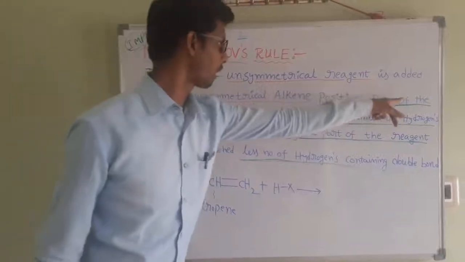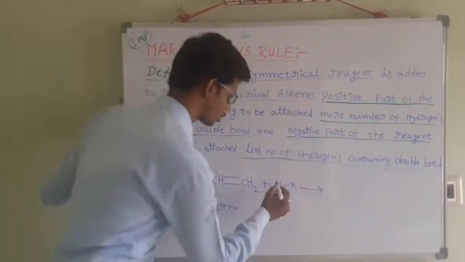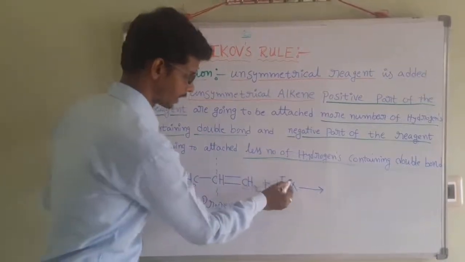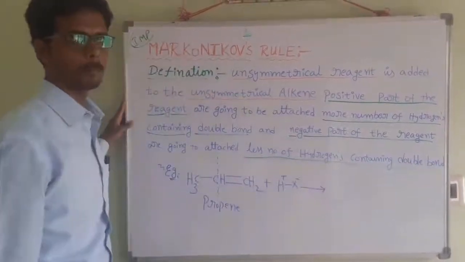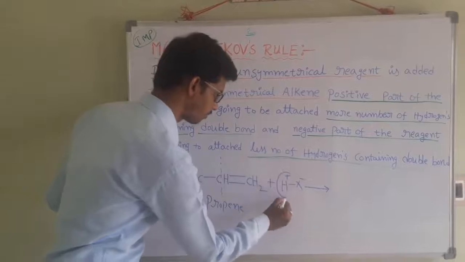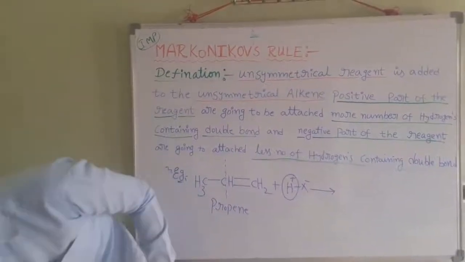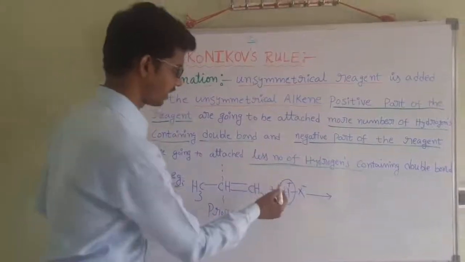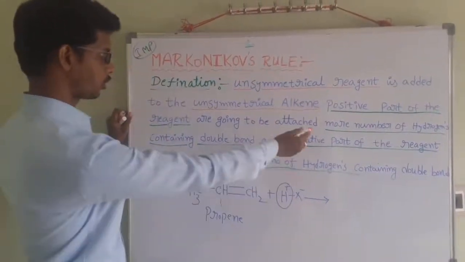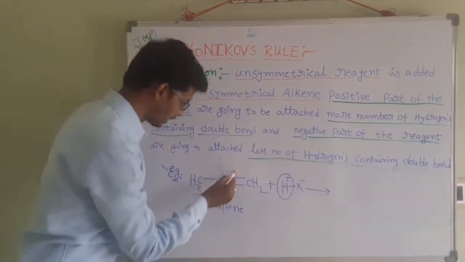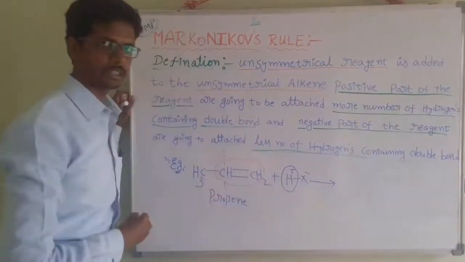The positive part of the reagent. Here, what is the positive part of the reagent? This dissociates into H plus and X minus. The positive part of the reagent is going to be attached to the double bond carbon containing more hydrogens.